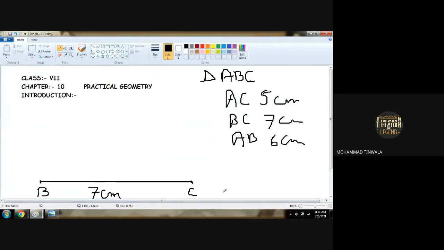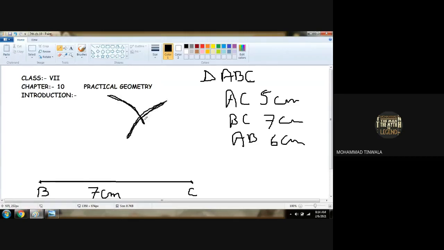So BC 7 centimeter, then AC we want 5 centimeter and AB we want 6 centimeter. From point B we will measure 6 centimeter with the help of the rounder and mark an arc at exact 6 centimeter from this point. Then 5 centimeter from this point, we will place an arc like this.